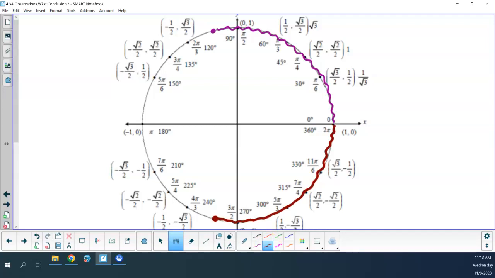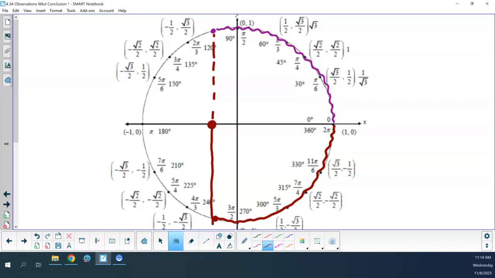If you notice, I end up vertically at the same spot, which means I go through the same x value. So my cosine, because cosine is x, is the same whether I'm going in the positive direction or the negative direction.